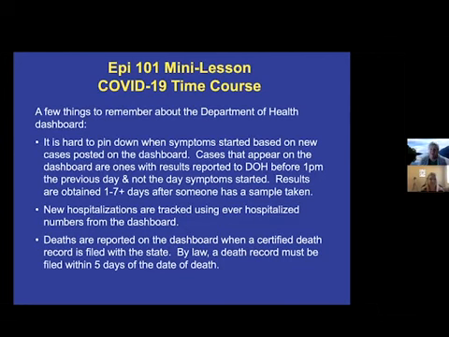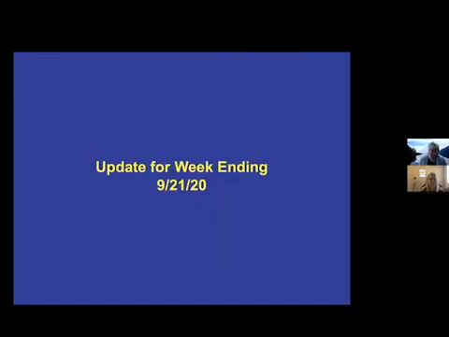So when you see a death appearing on the dashboard, it really happened 5 days earlier or less. So there's that variability, which makes it hard to predict. That's the little mini lesson, and I hope it helps people get an idea of the time course of COVID and some of the issues with trying to use the data from the dashboard to project out what's going to happen.